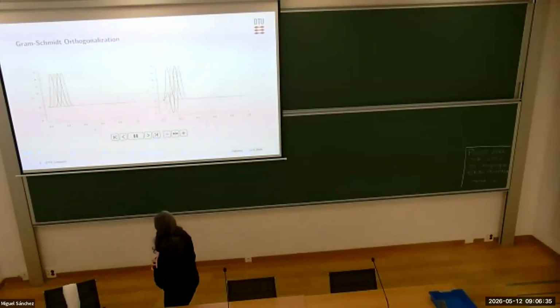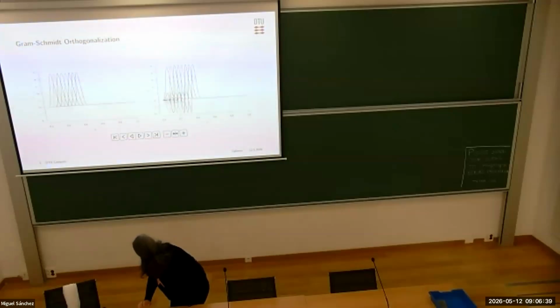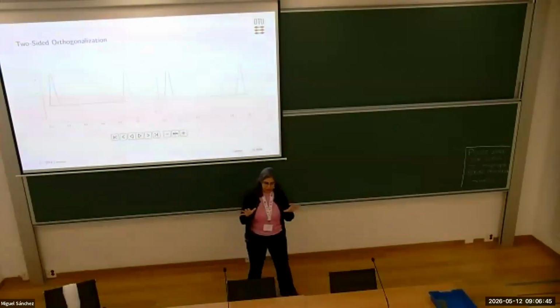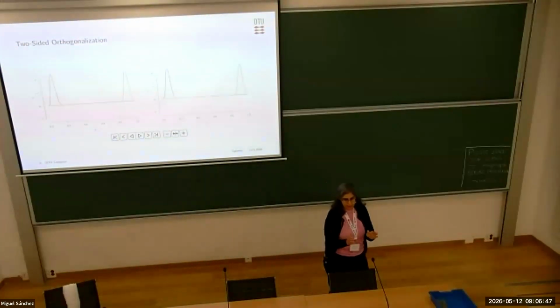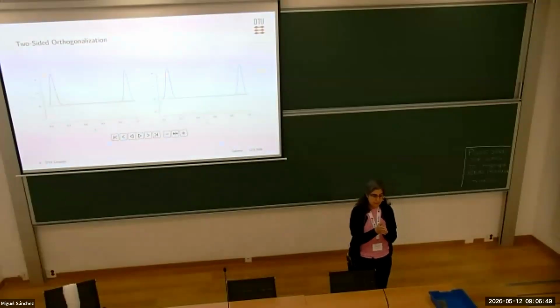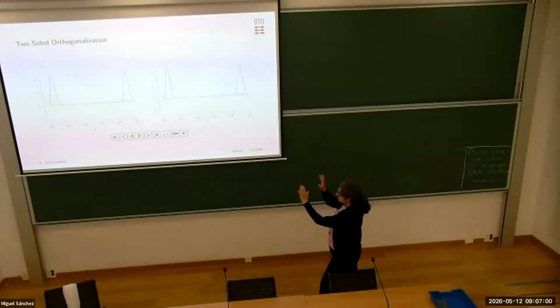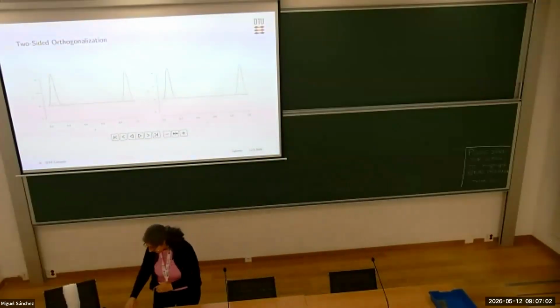And we found one paper by Simon Reed, and it's called two-sided orthogonalization. It's more or less Gram-Schmidt orthogonalization, but they split the B-spline bases we have into two sets. So they start orthogonalizing from left to right and from right to left until they meet in the middle. So it's also nice, but again, we have the same problem.